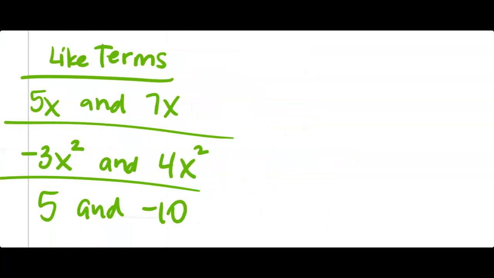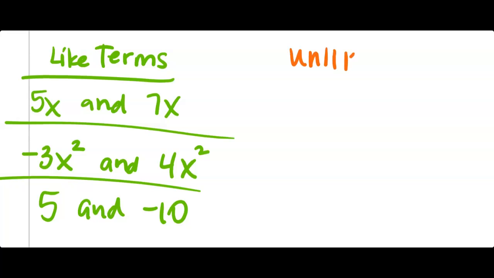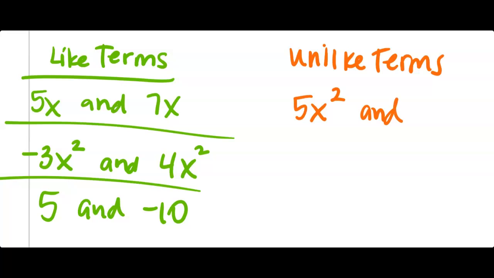Unlike terms would be something like 5x squared and negative x, or 3x and 5. So they don't have the same things. The key being that they have to have the same exponent as well.